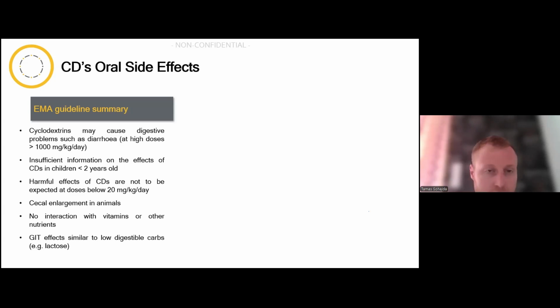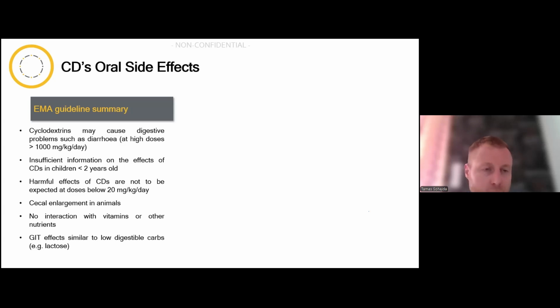So what kind of side effects are we facing? The side effects are very similar to that of other low digestible carbs like lactose. So there is some diarrhea at really high doses, and some cecal enlargement in animals.